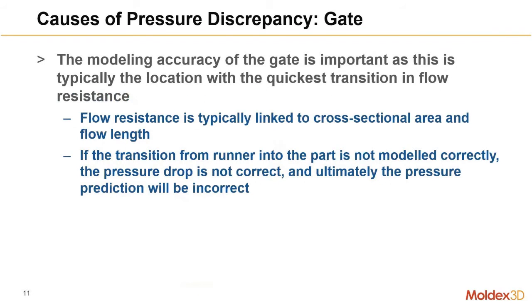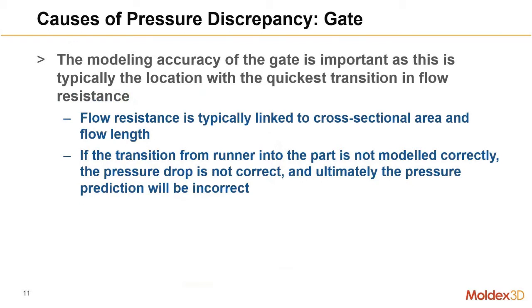All right, so the modeling of the gate. I already mentioned this, but the modeling of the gate is going to be extremely important, as the gate is really the place where the quickest transition occurs in our entire modeling.